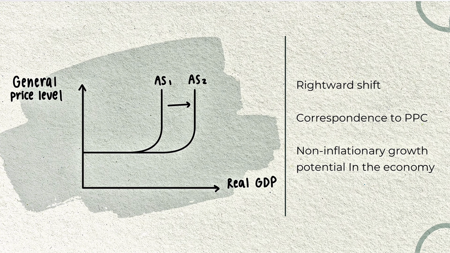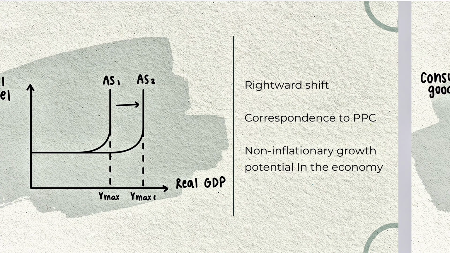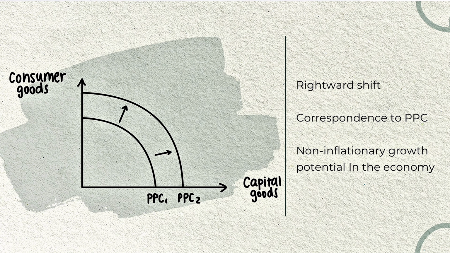So as the economy shifts from AS1 to AS2, which is a rightward shift, the real GDP will increase from Y max to Y max 1, with no changes to the price level. And this corresponds well to the PPC diagram when the PPC shifts from PPC1 to PPC2. When an economy experiences this, there will be non-inflationary growth and potential in the economy.